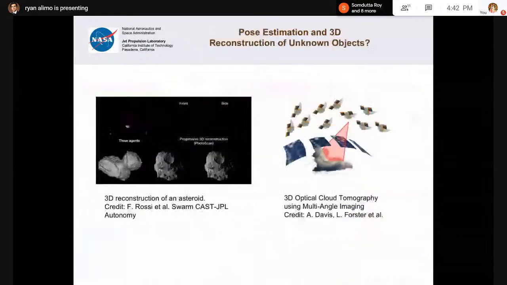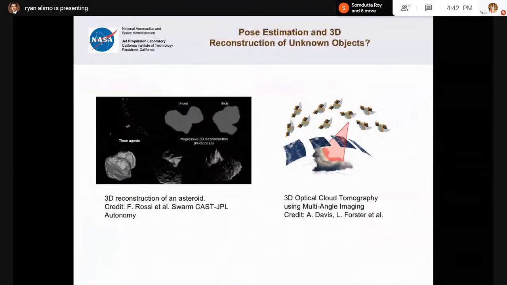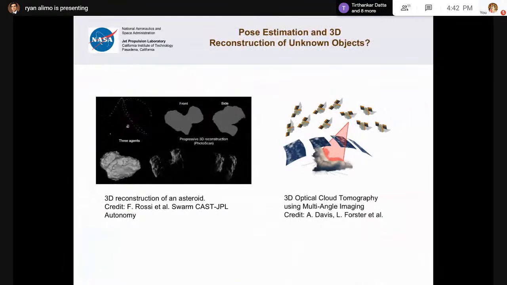But why do we want to do the pose estimation? What are the other applications of that, right? So if you have a swarm of spacecraft and you have unknown objects like a cloud, then the problem also becomes challenging, right? And deep learning is going to be very useful.